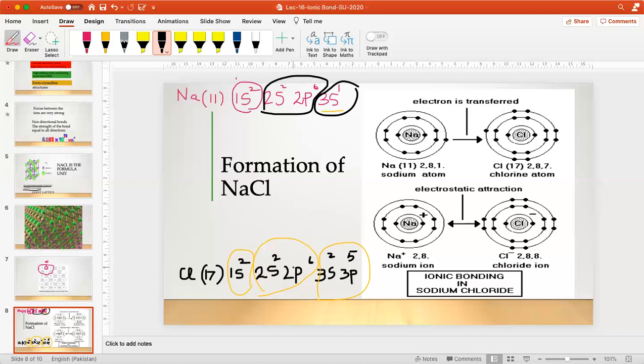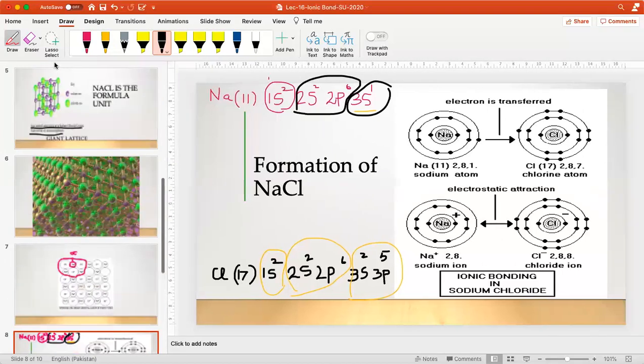Now come to this way. Come to this example. ये आ गया sodium atom with 1 electron. ये इसका 1 electron. Right? Now electron is transferred to chlorine.